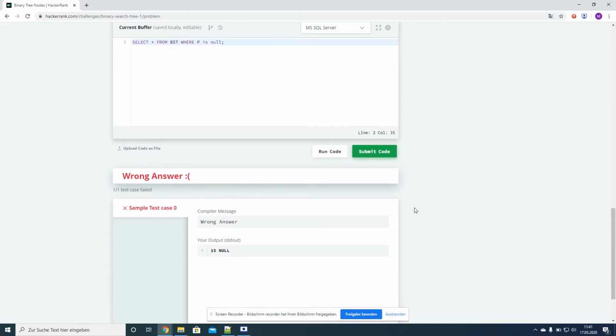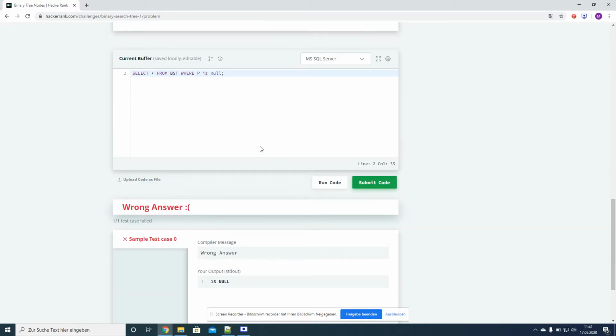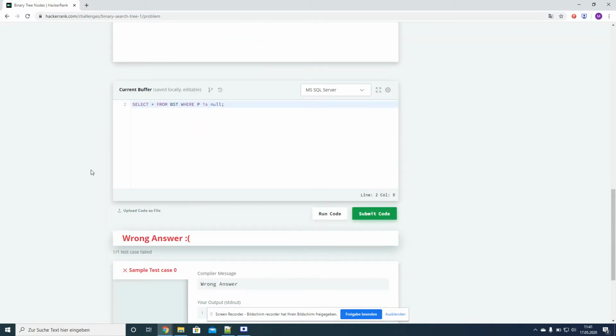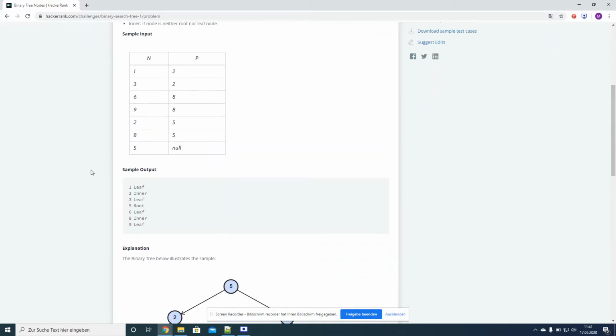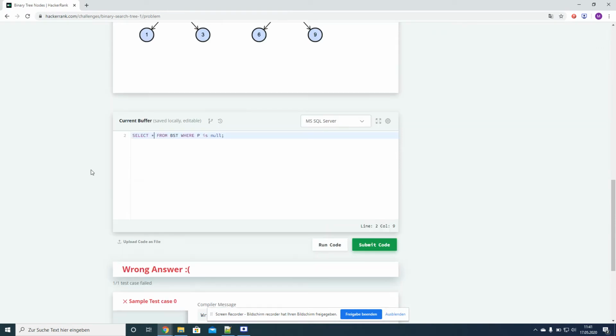15 null. Why do we get null out? Because we get a star, but we just want the n. Because we want to have the n, yes.